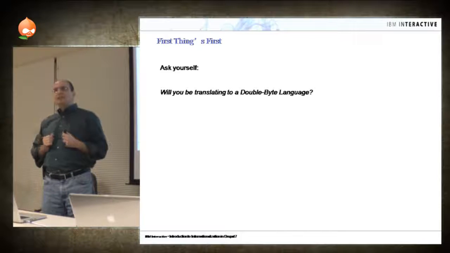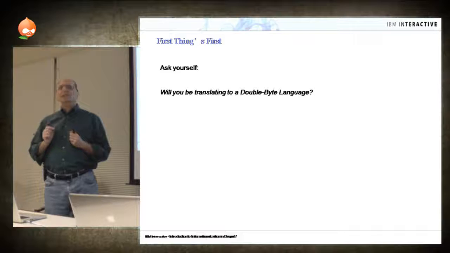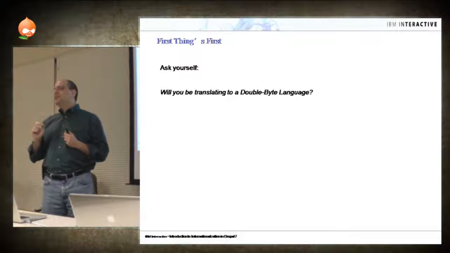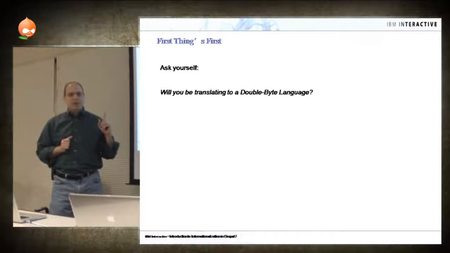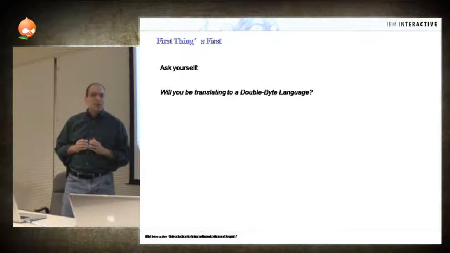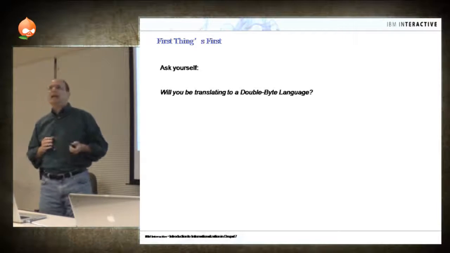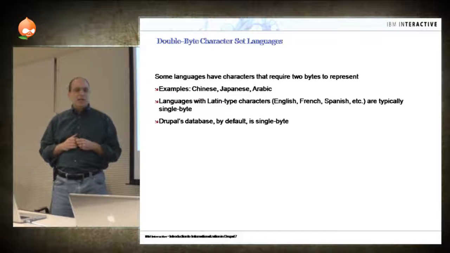We had a chat when we walked in that when you internationalize a site, there's a lot of tasks to do, and it's important that you do some of these tasks in a specific order. The first thing first is you have to ask yourself, will you be translating to a double byte language? Well, what is that?